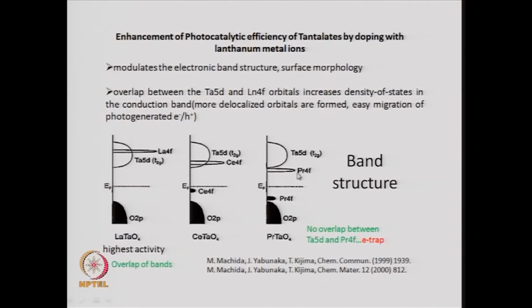So, there is hardly any overlap, and if there is no overlap, then this acts as an electron trap. Once an electron comes, it stays here, so it can act as an electron trap, especially in the 4f orbitals of praseodymium, since it is a narrow band. The wider the band, the more delocalization. The narrower the band, the more complete the localization and very little electronic movement. So, it acts like an electron trap.